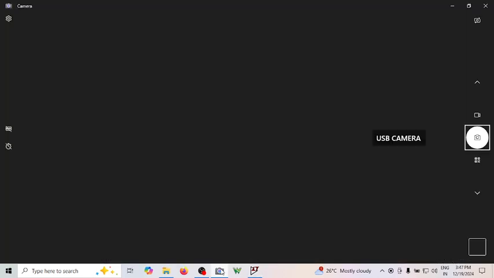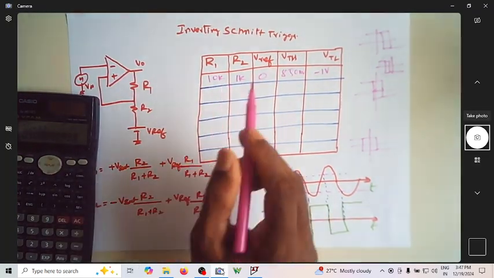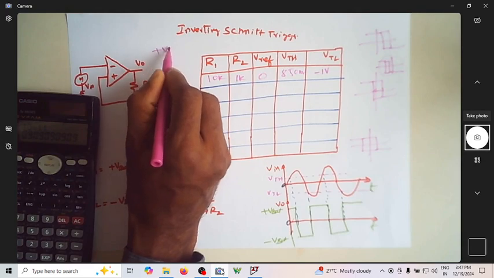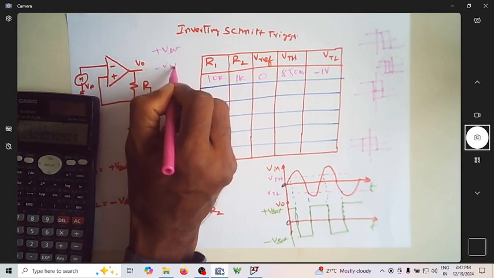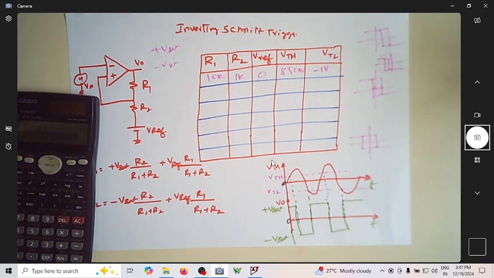Now you can also find what is plus Vsat, minus Vsat. Let me measure that value. So for 10k, 1k and V reference of 0, VTH is 850 millivolt and VTL is almost minus 1 volt. Of course, there will be slight error in measurement of exactly where it has started the transition, so you may have slightly different values here. You may end up with 870 or 950, or minus 950 millivolts also.